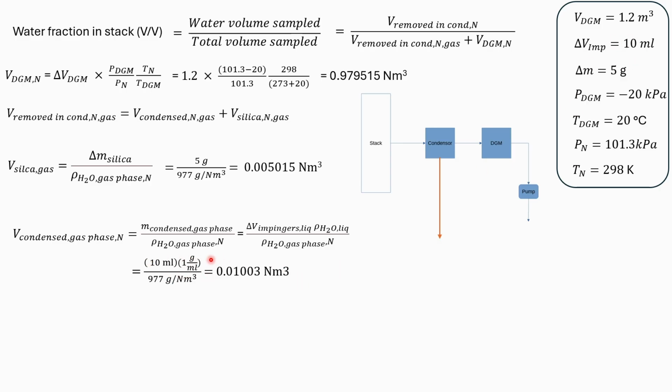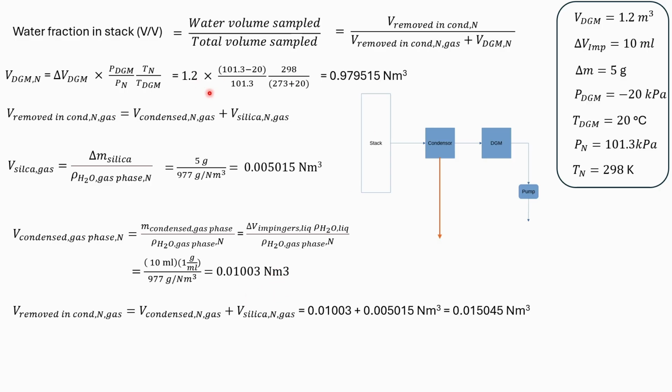The density is at 4 degrees Celsius because that's a very reasonable assumption, because your condenser is running quite cold. So it's 1 gram per milliliter in the liquid phase. So we're converting that liquid phase here on the top term to a mass. That will give us 10 grams of water that we've condensed. And then again, as for the silica gel, we divide by the density in the gas phase. So this is the gas phase volume of the water removed in the impinger.